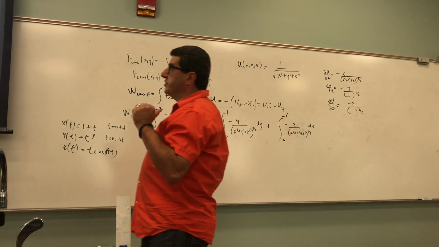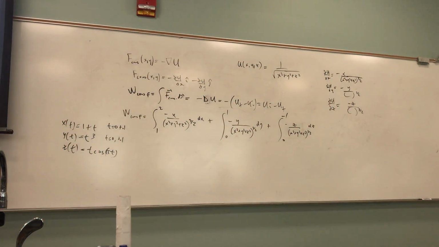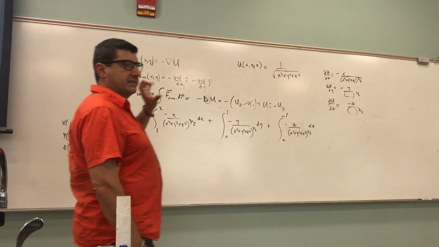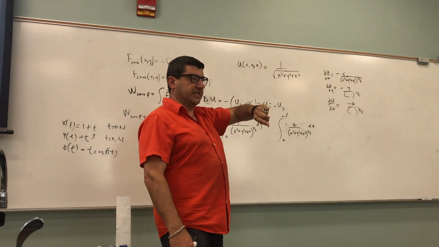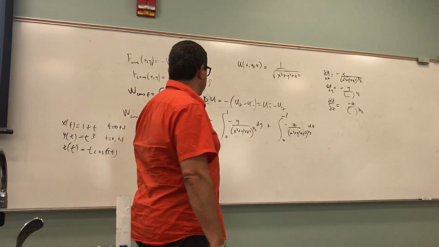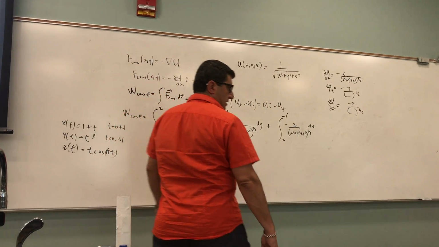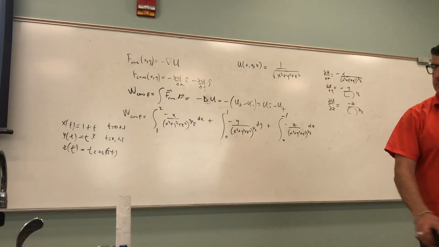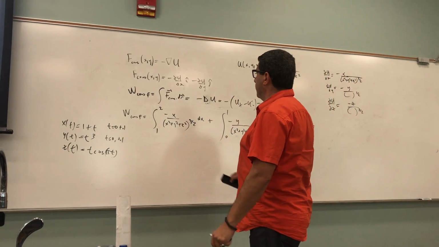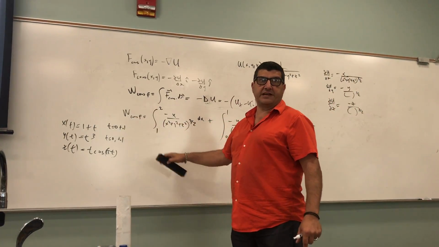So now, if we do that, then we prove that this force is conservative. In other words, it can be the derivative of some function, right? So then, if it is conservative, how else can we find the work of that force?